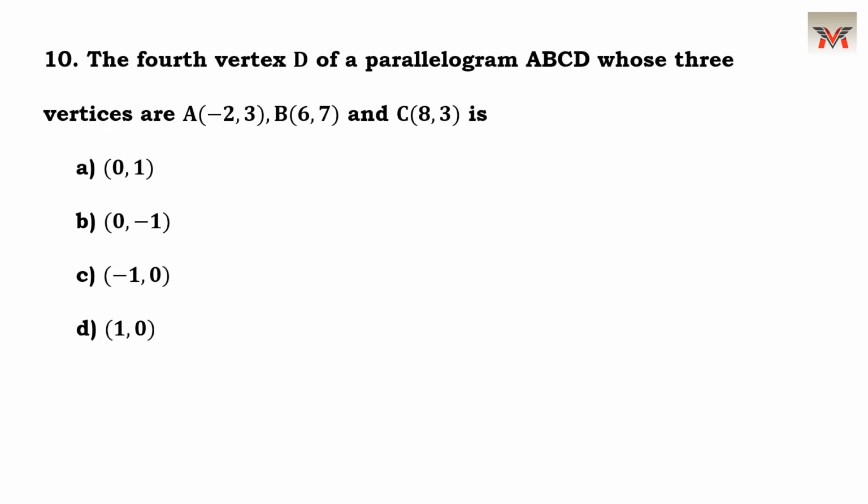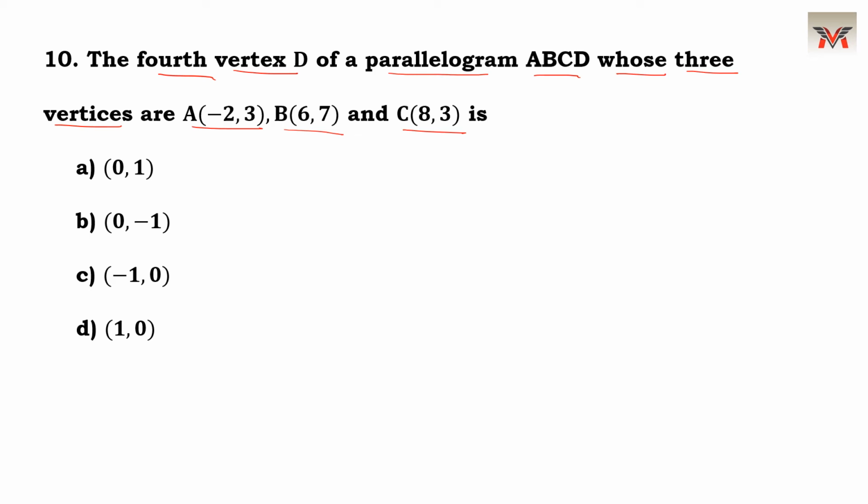The question is, the fourth vertex D of a parallelogram ABCD whose 3 vertices are A(-2, 3), B(6, 7) and C(8, 3). So guys, if you remember, we have solved a similar problem in the first part of the coordinate geometry MCQs.